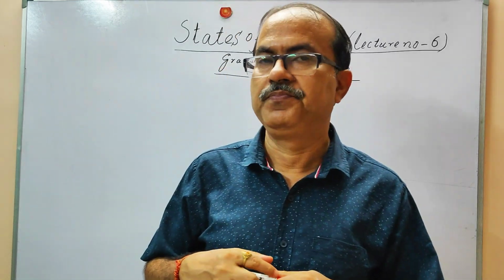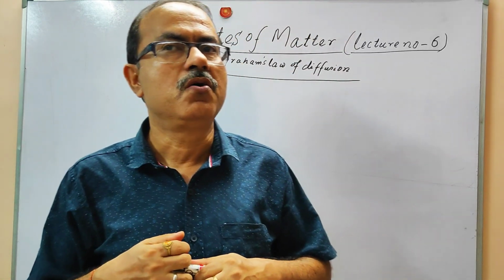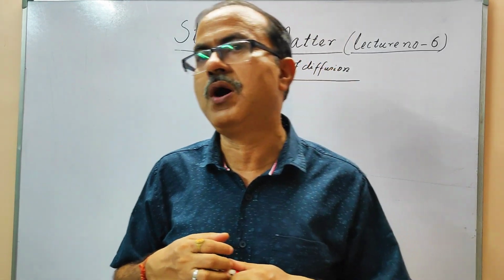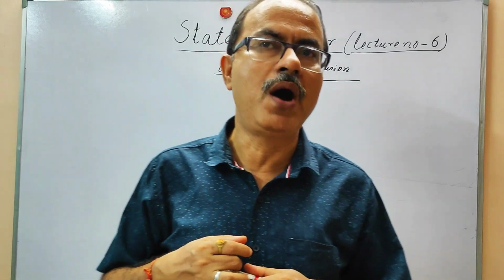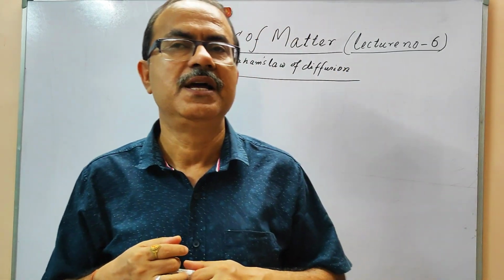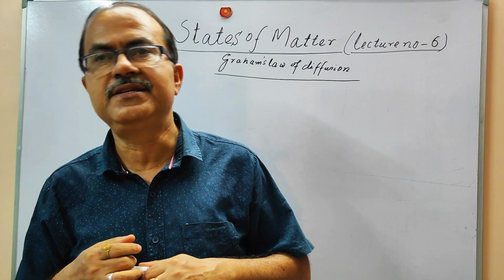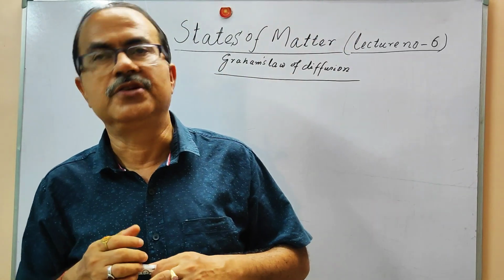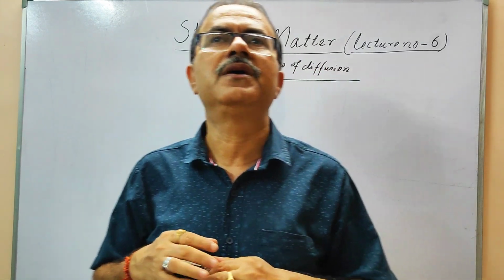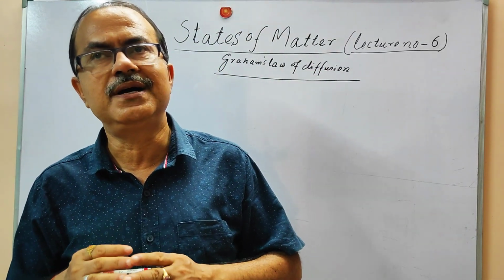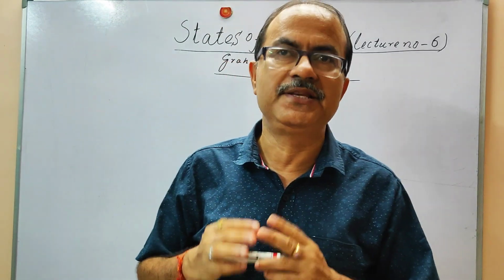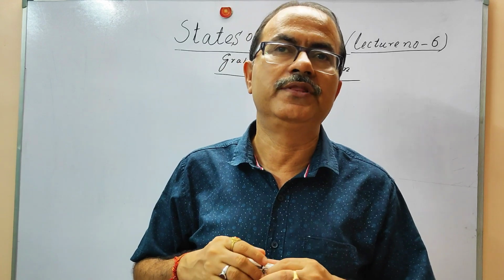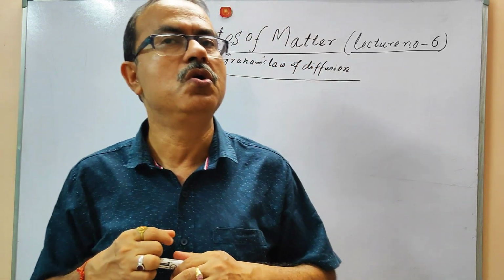In the fourth lecture we combined Boyle's law, Charles's law and Avogadro's law into one equation, the ideal gas equation, and different types of numericals were solved in those lectures. In the fifth lecture we discussed Dalton's law of partial pressure and how to correlate it with mole fractions and the partial pressure of a gas.